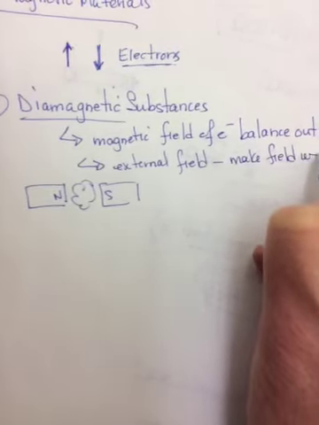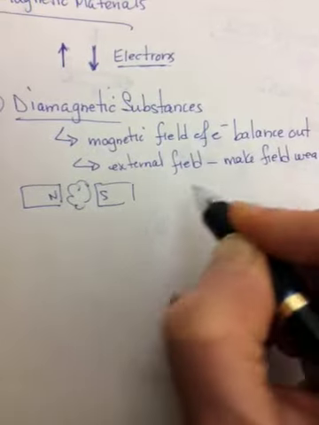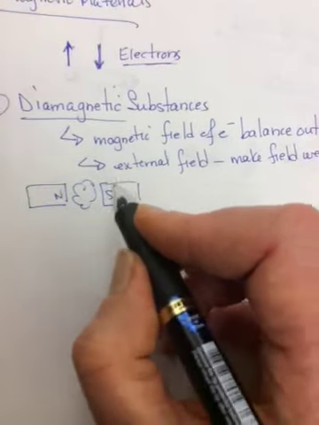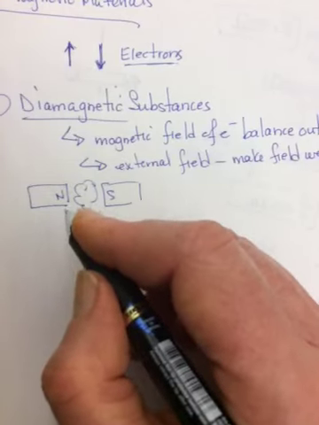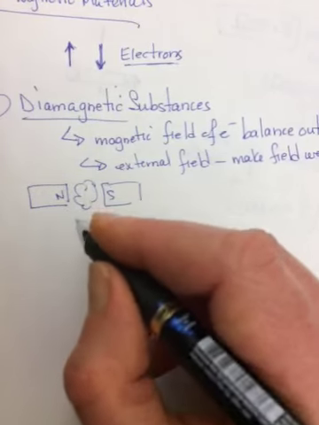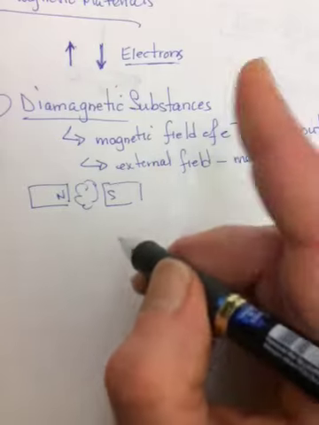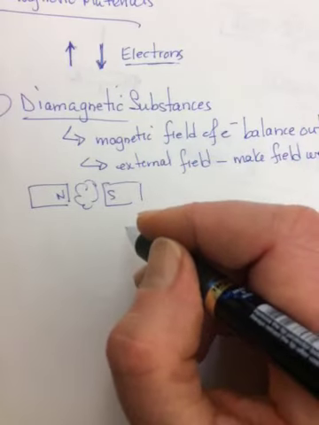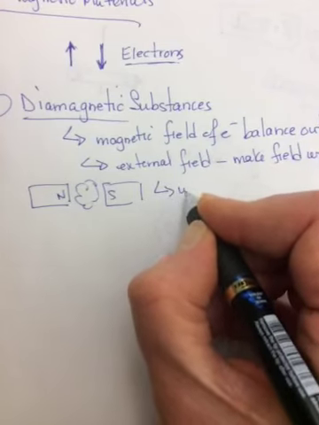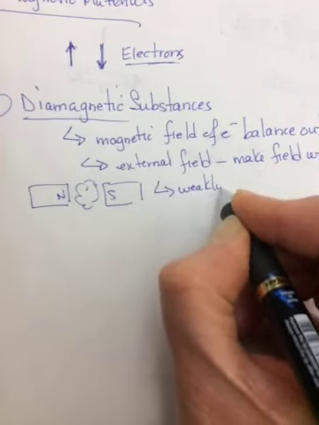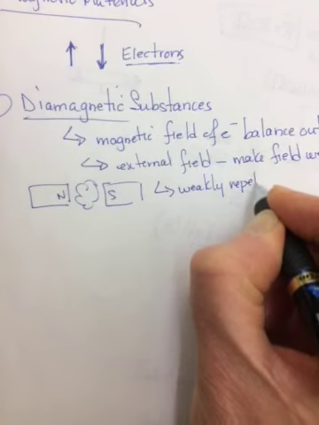If you held a diamagnetic substance near a North Pole, it would be weakly repelled by the North Pole. If you held it near a South Pole, it would also be weakly repelled. So it's weakly repelled by both poles of a magnet.